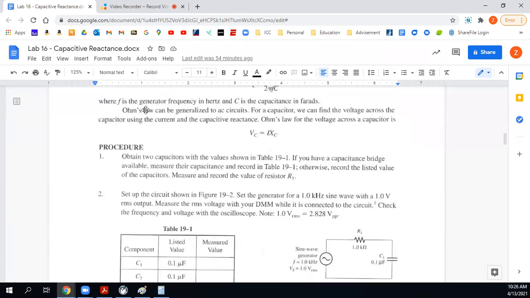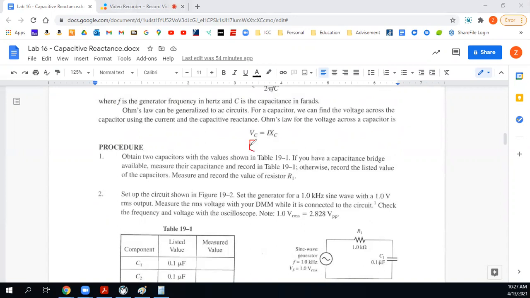Ohm's law can be generalized to AC circuits. For a capacitor, we can find the voltage across the capacitor using the current and the capacitive reactance. Ohm's law for voltage across a capacitor: capacitive voltage equals current times capacitive reactance. Looks like a new formula, but it's not, right?